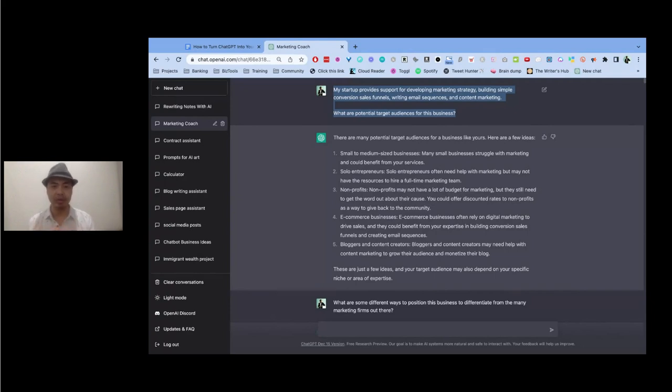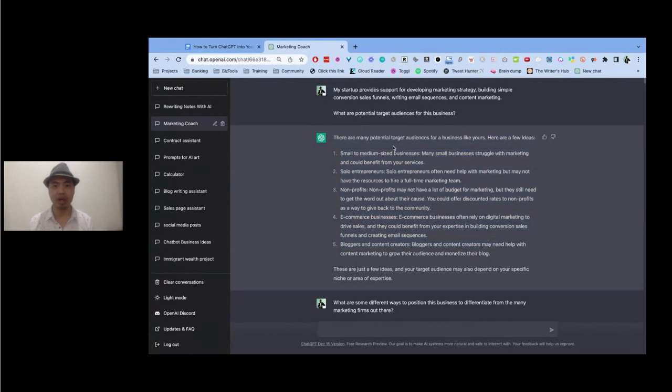So that's giving it a bit of context to guide the conversation. So you certainly can start with that. In this particular example, I didn't do that, and I found that I didn't need to. I just went straight into giving some context around the services I'm providing, and then I'm asking it a specific question. And then the AI took that information, that context, and then provided a result.